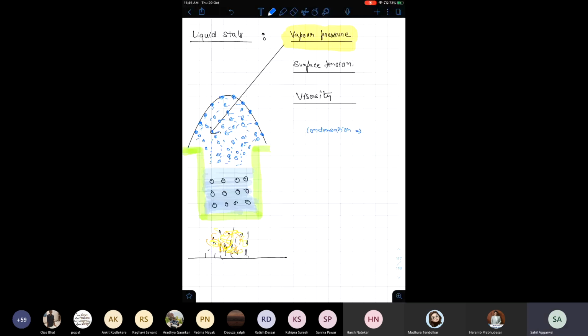At one time, rate of condensation and rate of evaporation become same. At that particular time, pressure exerted by the vapors of the liquid on the layers of the liquid is called vapor pressure.